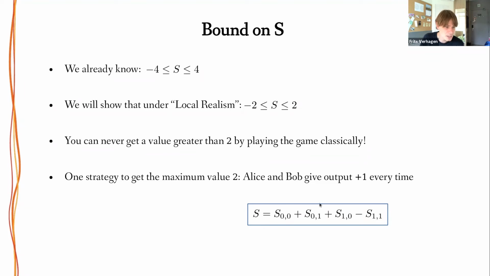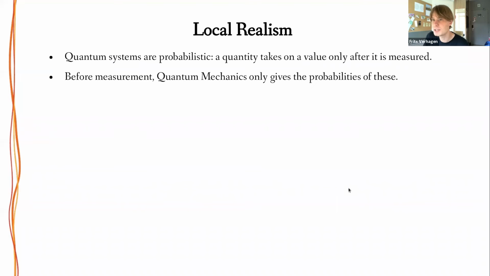And then as you can see, if they output +1 every time, then these 4 values here will all be 1. So we'll get 3 minus 1 is 2, which is already the maximum value. So actually, in this game, it didn't really matter what your strategy was. You could have chosen the simple strategy of outputting the same thing every time, and you would have done the best that you could.